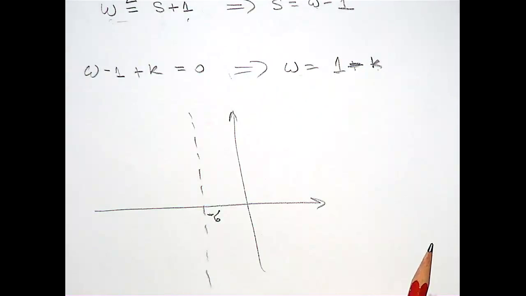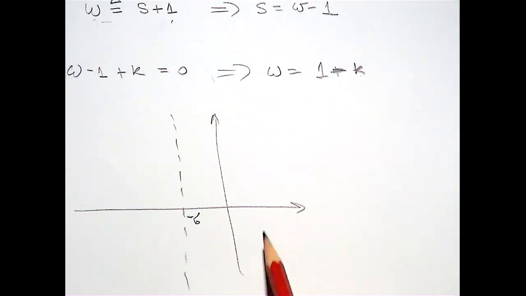Anyone? What do you want to achieve? You want that when the real part of s is equal to minus sigma, then the real part of w would be 0.